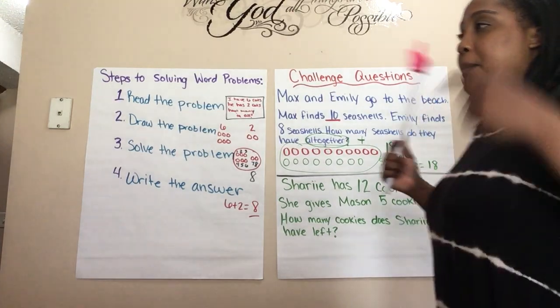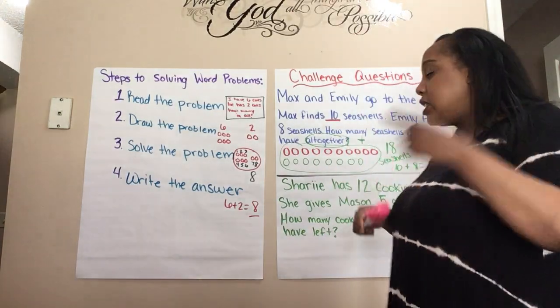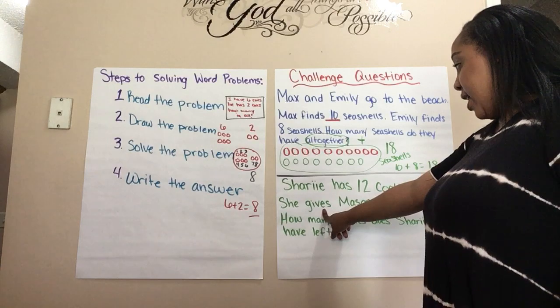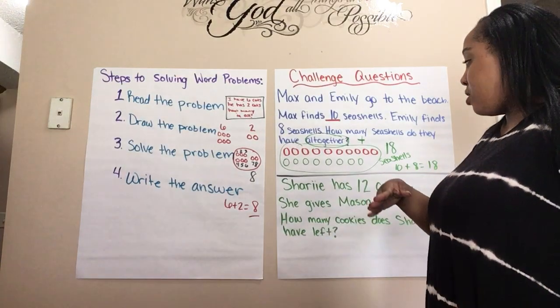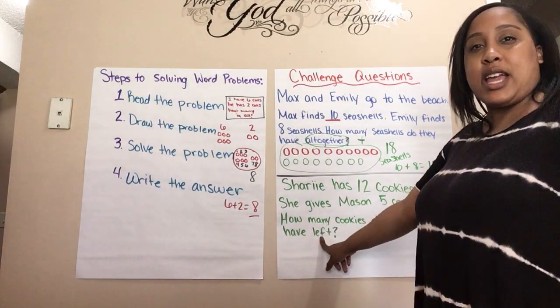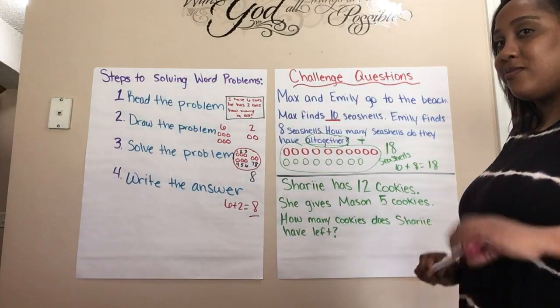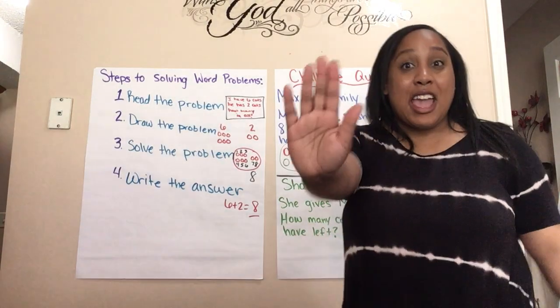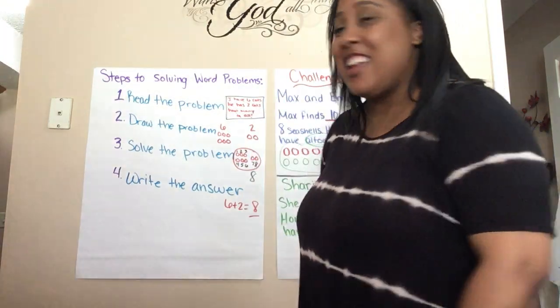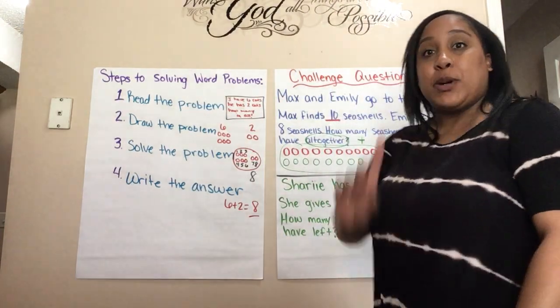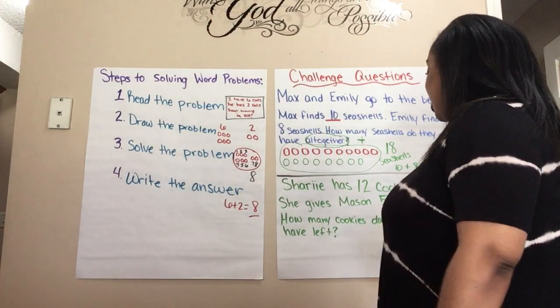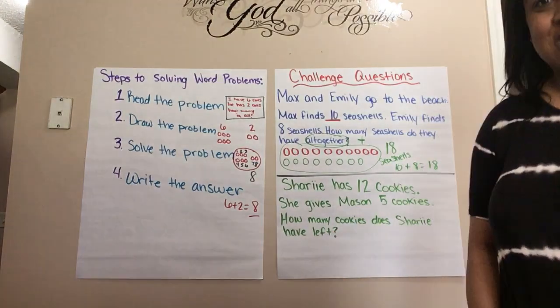So in my mathematician mind, she gave some away, so she doesn't have them anymore, and they want to know how many she has left. So, what do you think? Okay, pause the video, work it out on your own, press play to see if you have the right answer and to check your work.